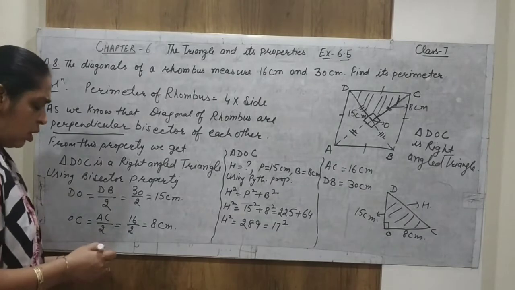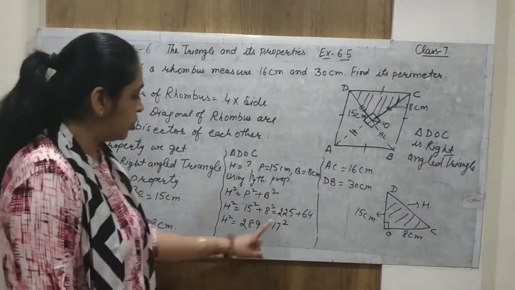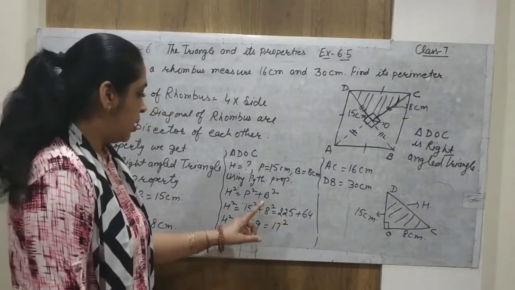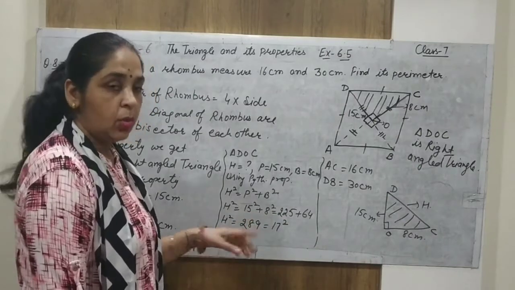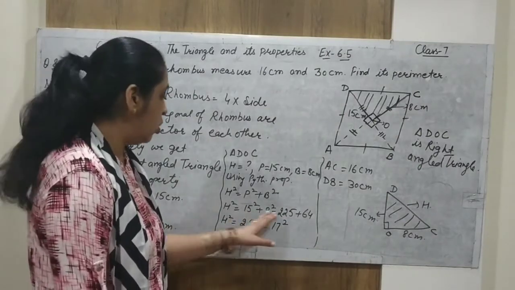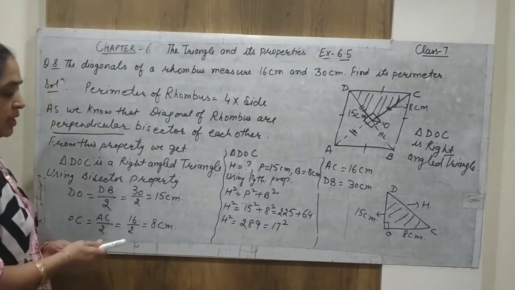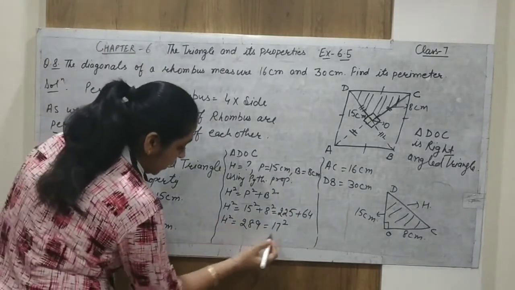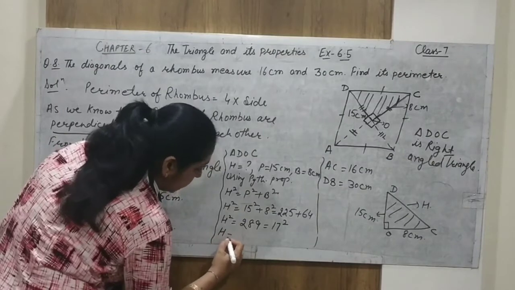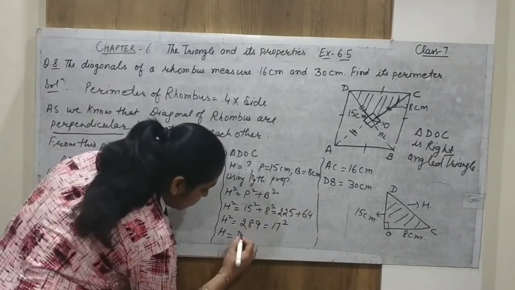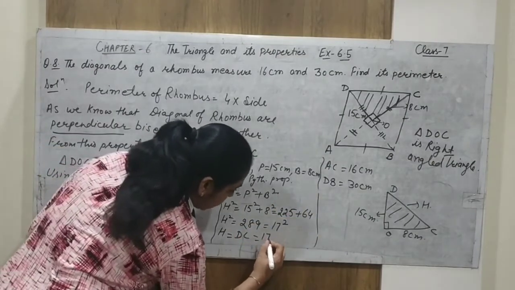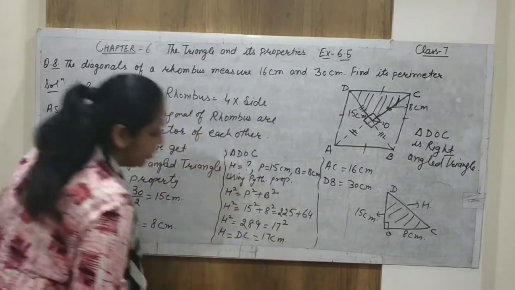We can guess all these things even. As you know, 225 is a perfect square of 15. Now 16 square and 17 square are close to it. So 17 square. Therefore, by comparing these two, H, that is DC side, is equal to 17 centimeter.